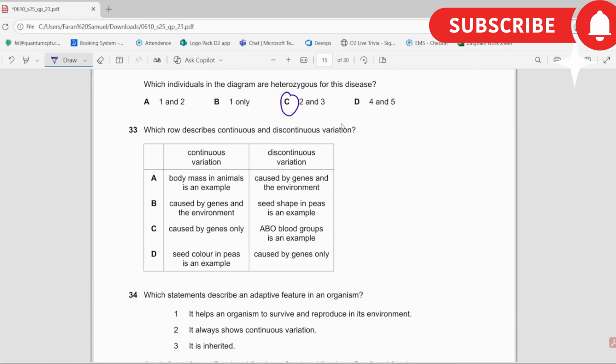The continuous variation is caused by gene and the environment both, though discontinuous is caused only by the gene, but here the option doesn't match basically. So seed shape is of only two, the wrinkled one and the round. Only two shapes exist. So this one is a discontinuous one.